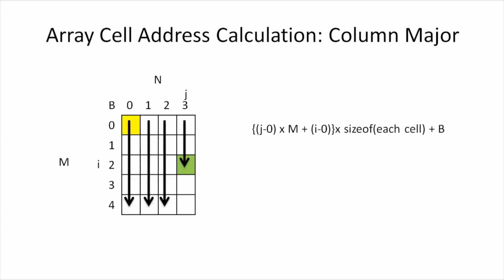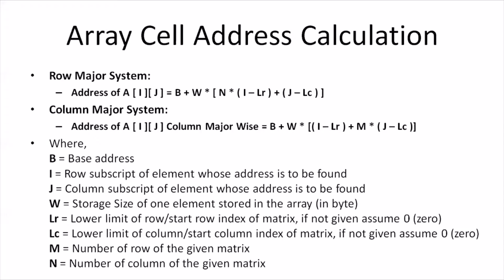Now, if the array index doesn't start from 0, we consider a separate formula for this. Basically, we consider the lowest row index to be LR and the lowest column index to be LC. Accordingly, the formula for row major system can be modified as: address of Aij is equal to base address B plus storage size, that is the size of each cell given by W, into n into (I minus LR) plus (J minus LC).